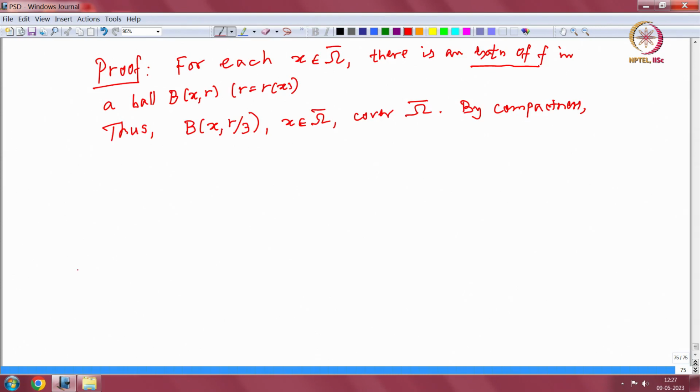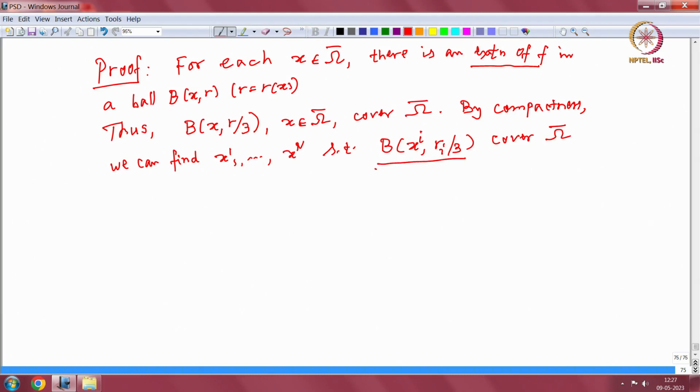there are finitely many. So we can find x1, x2, ..., xn and corresponding r1, r2, ..., rn such that the balls B(xi, ri/3) cover omega closure, and in each of these balls we have an extension of f.